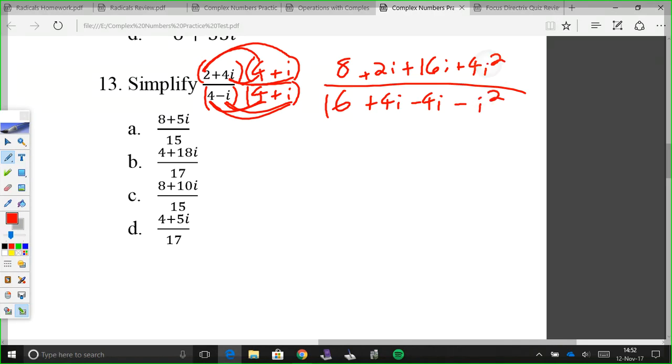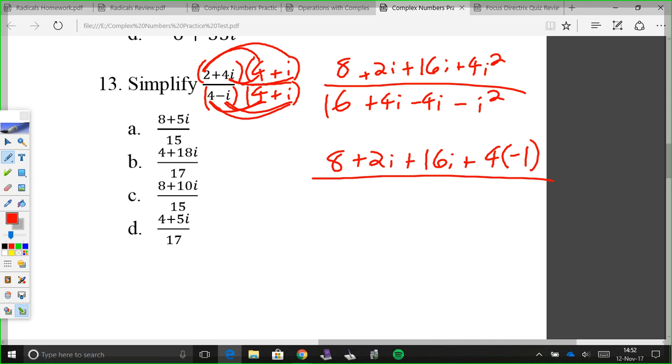Again, one thing I want to do immediately is change these i squareds to negative 1. So if I just rewrite this whole thing down, I'll have 8 plus 2i plus 16i plus 4 times negative 1. And on the bottom, I've got 16 plus 4i, minus 4i. And the last part is minus.